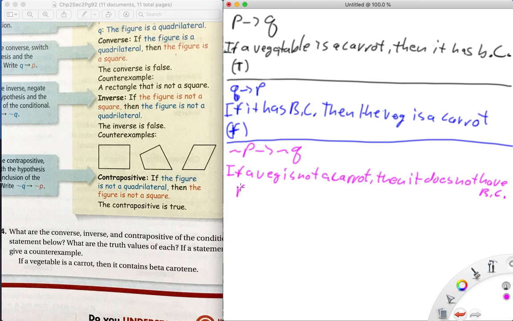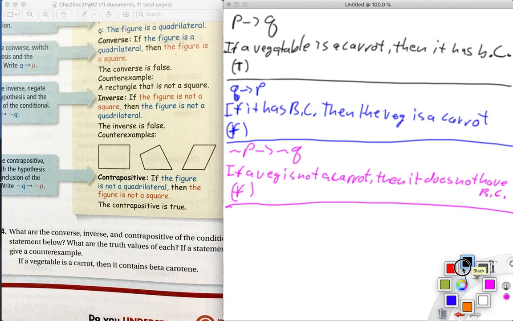Again, this is also false. I could think of a vegetable that's not a carrot and still has beta carotene in it. What would that be? I don't know. I don't know my vegetables like that.